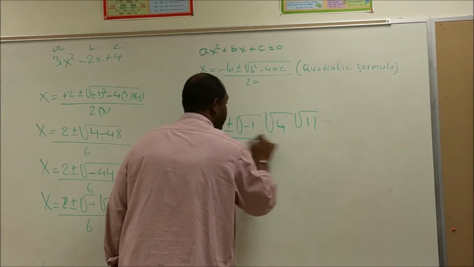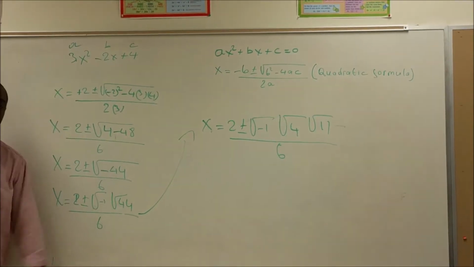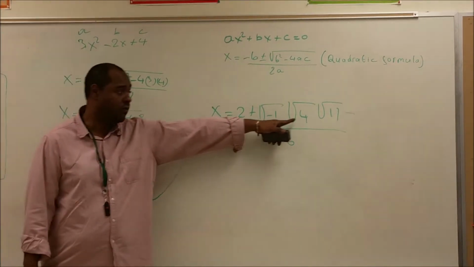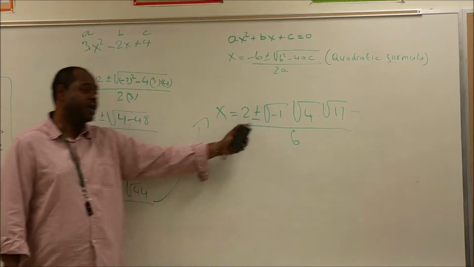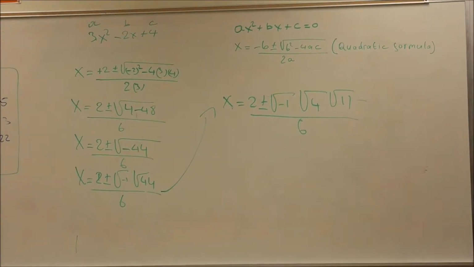You see why? You see what I did here? I broke this into a perfect square and one that's not. So square root of 44 can be written as square root of 4 times square root of 11. Then I have my square root of negative 1. Now I'm going to replace those values there. What is square root of negative 1?